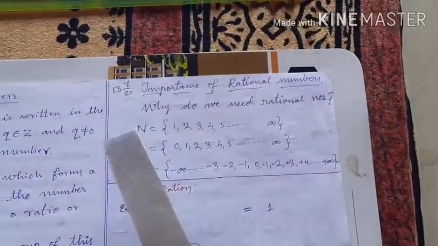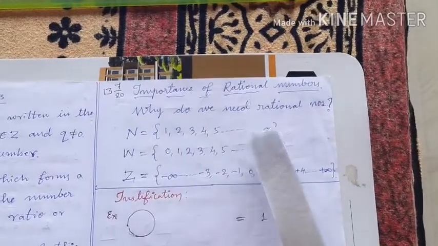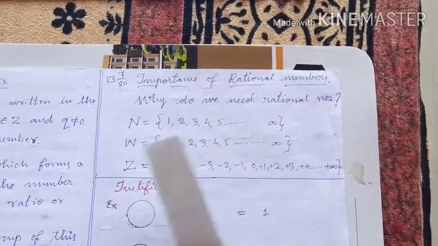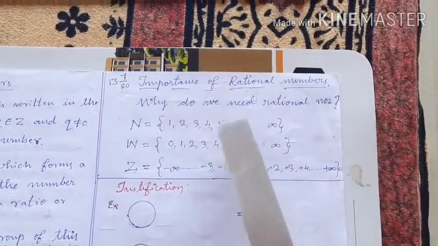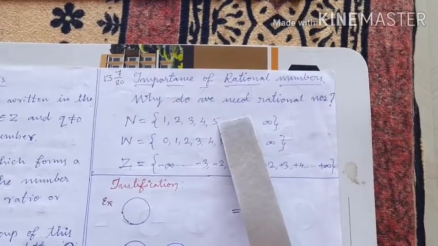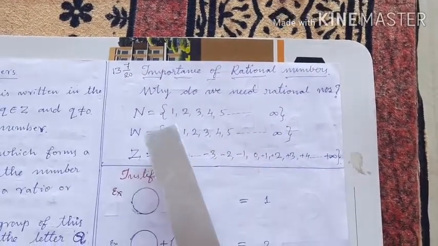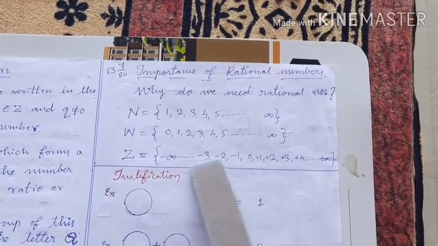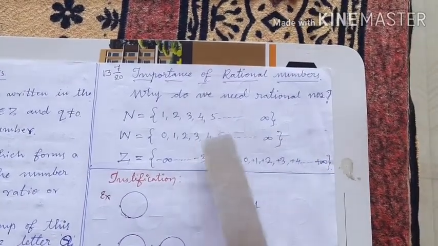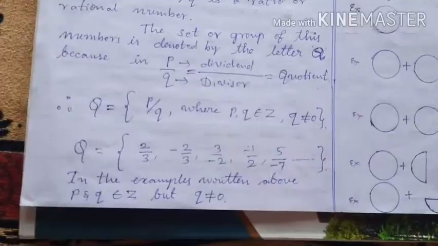If you look at the natural number group and whole number group, the whole number group is greater than the natural number group, and if you compare integers and whole numbers, you will see that the integer group is greater than the whole number group. Okay.